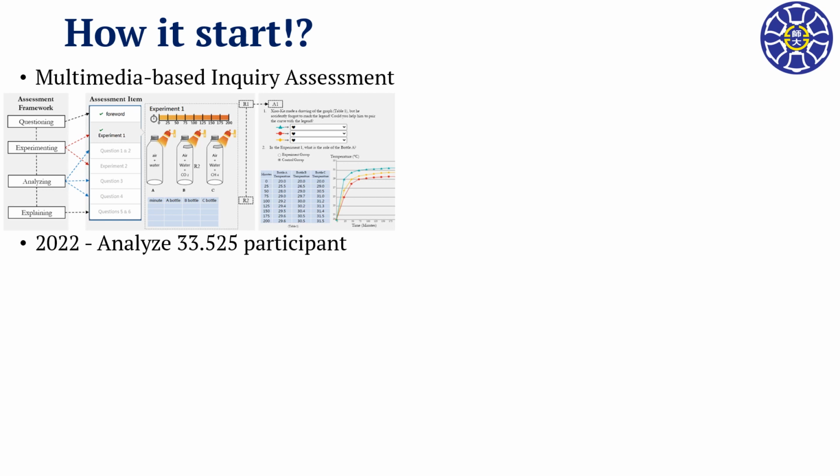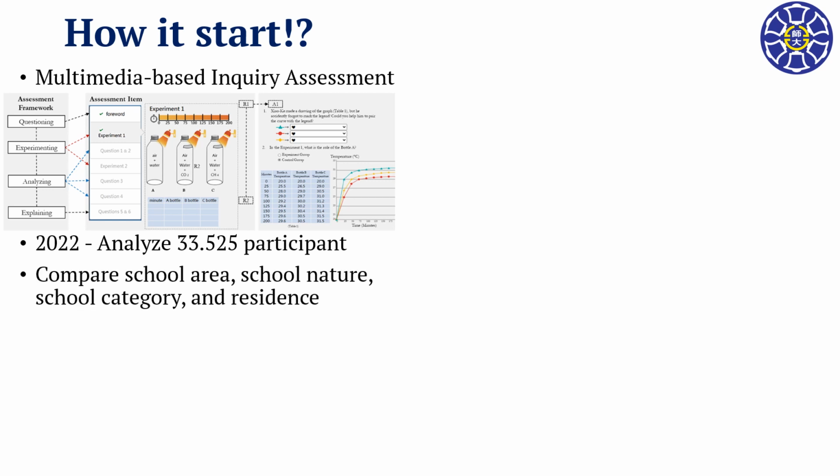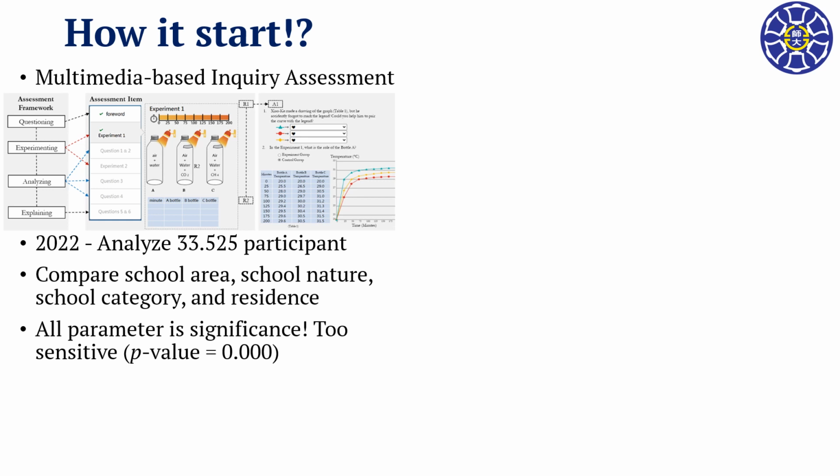At the time, I was using normal statistical tests in SPSS. I was trying to compare between school area, school nature, school category, and resident. And it turned out something really satisfying, but in other fields, I think it's meaningless. All the parameters that I had were significant.